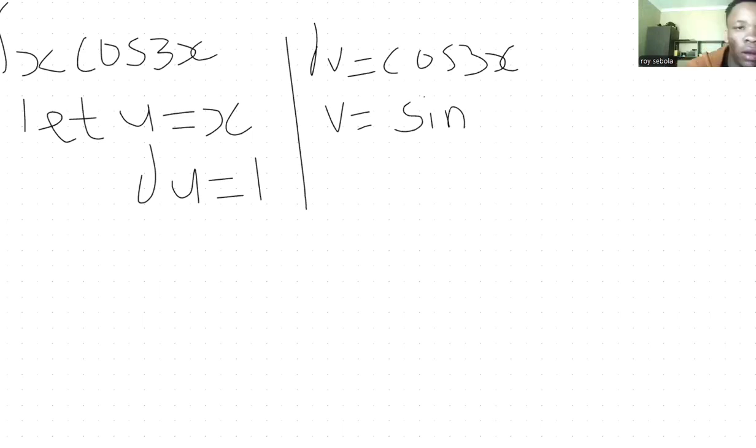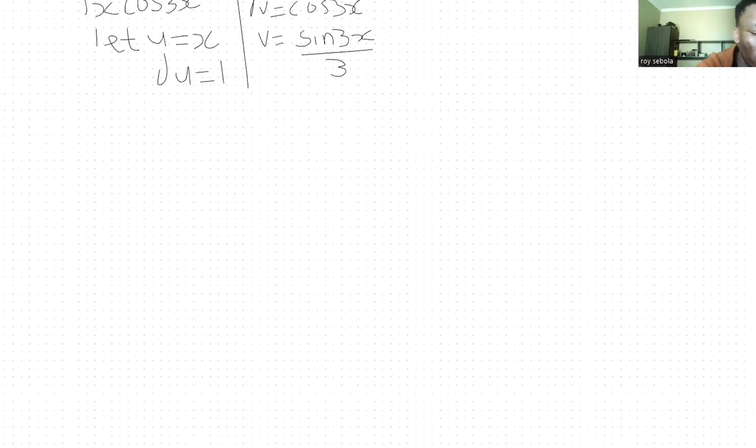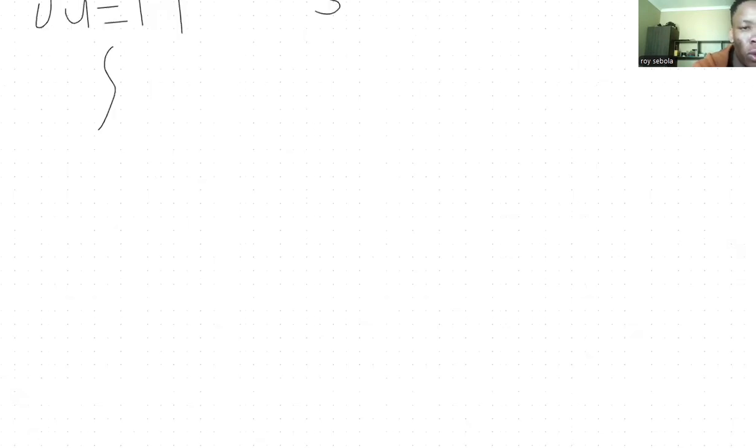And from here, you can simply substitute everything into the formula. Now, to recall, the formula says the integral of u dv is equals to uv minus the integral of v du.